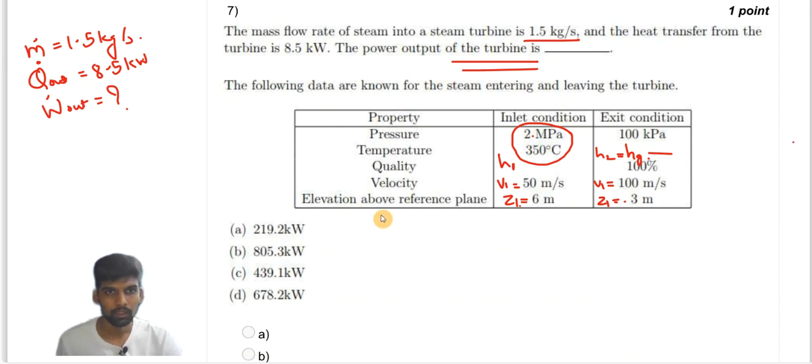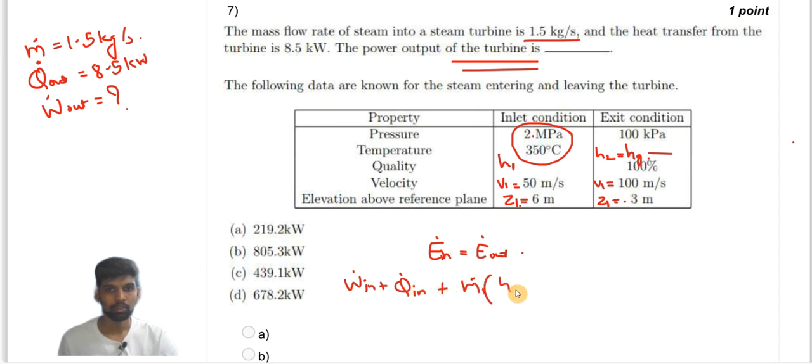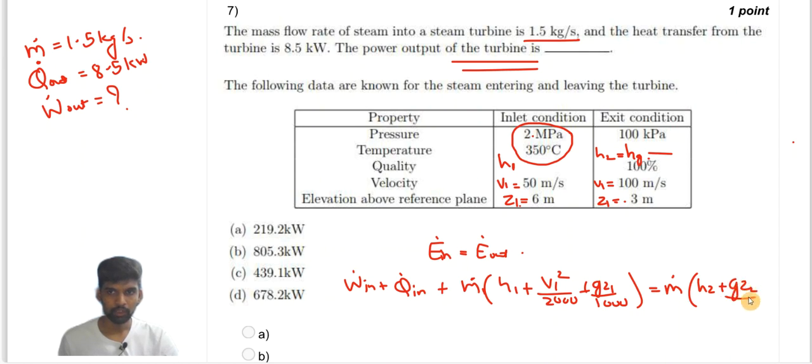Then simple mass balance is m dot in equal to m dot out, which will be equal to m dot, and energy balance is E dot in equal to E dot out: W dot in plus Q dot in plus m dot (H1 plus V1 square by 2000 plus gZ1 by 1000) equals m dot (H2 plus V2 square by 2000 plus gZ2 by 1000) plus W dot out plus Q dot out.